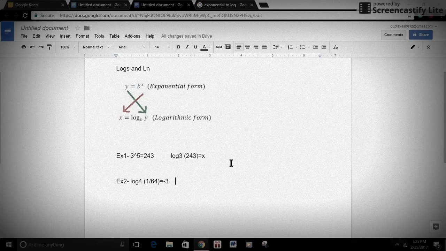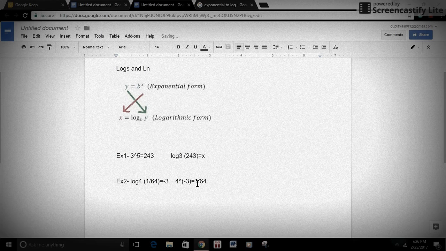So your base would be over here, compared to this, your 4. So 4 to the power of negative 3. So let's write that in parentheses. Negative 3 equals 1/64. This is how you would convert. Keep in mind, when you keep on doing this and get practice, you'll be a pro at this.